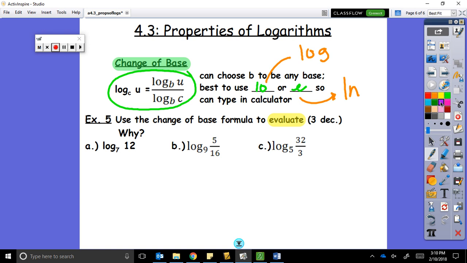So when I go to my calculator to evaluate this, I am really evaluating log of 12 divided by log of 7. That's what this formula says. See, the base comes down to the bottom, the other number comes up to the top. We're using base 10, which is our normal base on our calculator. You can use ln. You'll get the same answer, which is really cool.